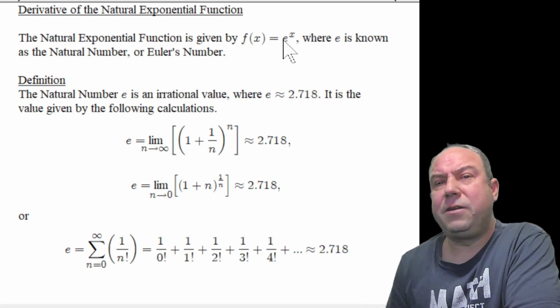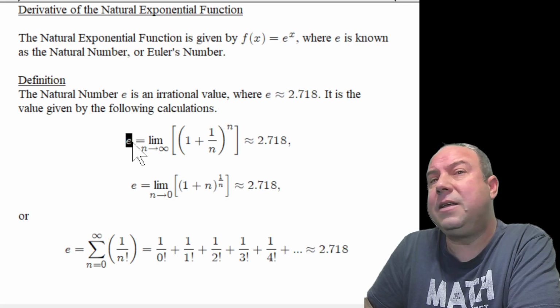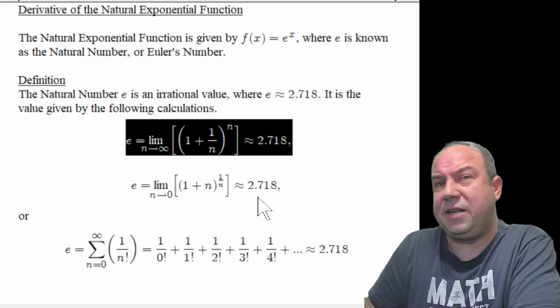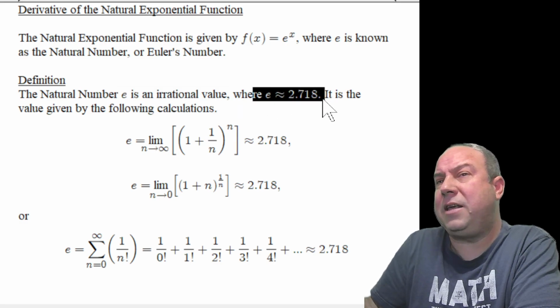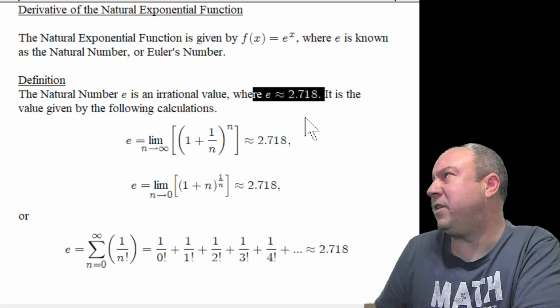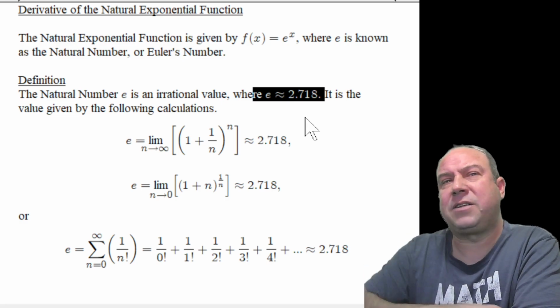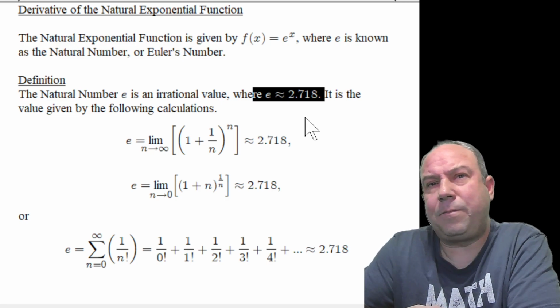There's a few ways here that we see its definition presented. E is the irrational value, where we think about e being about 2.718 or about 2.72, which are common approximations that we give for e in its irrational behavior.